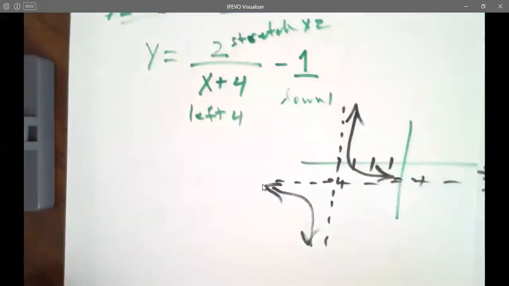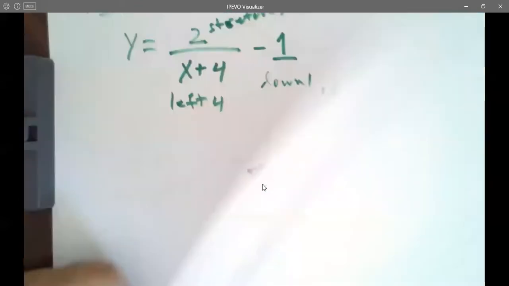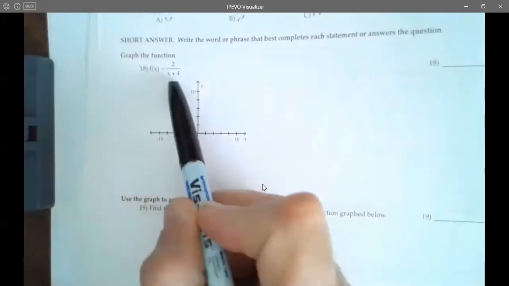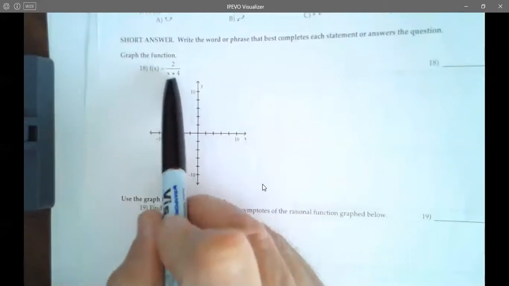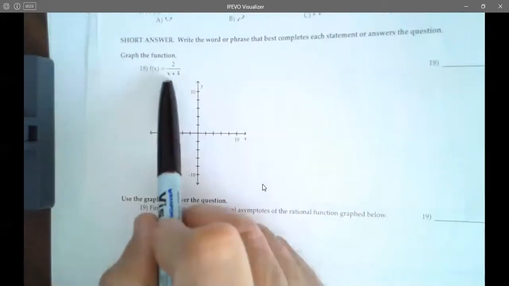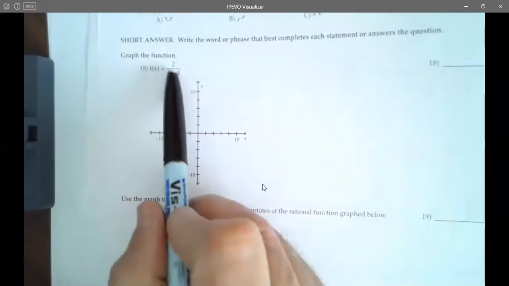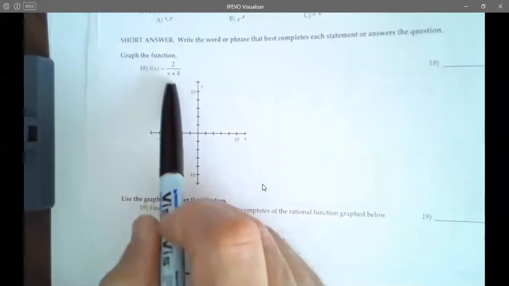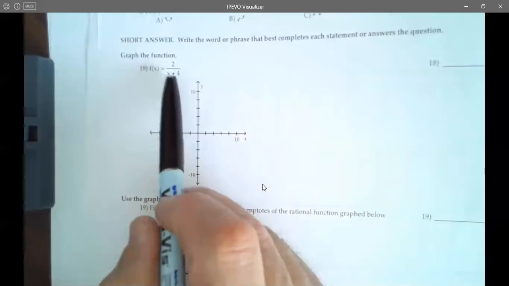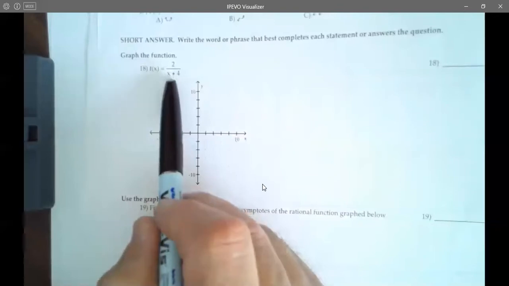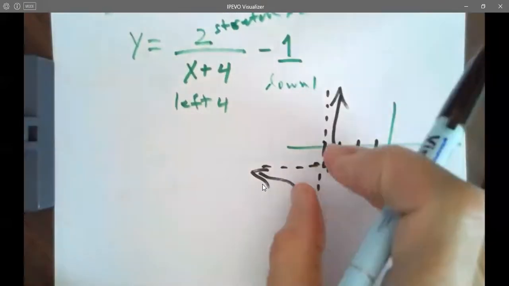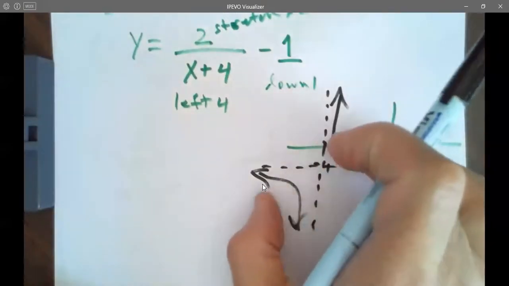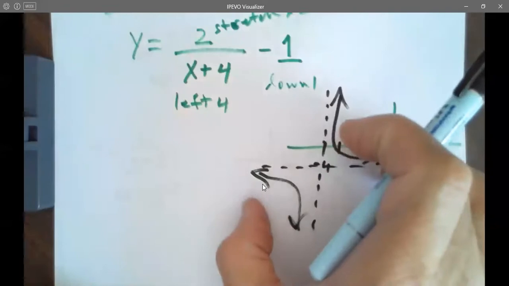All right. So when we're looking at this, 2 over x plus 4, it's going to make that graph shift which way? The 2 just stretches it, but we really don't care about that. For stretching, what it does is it makes the curves further apart.